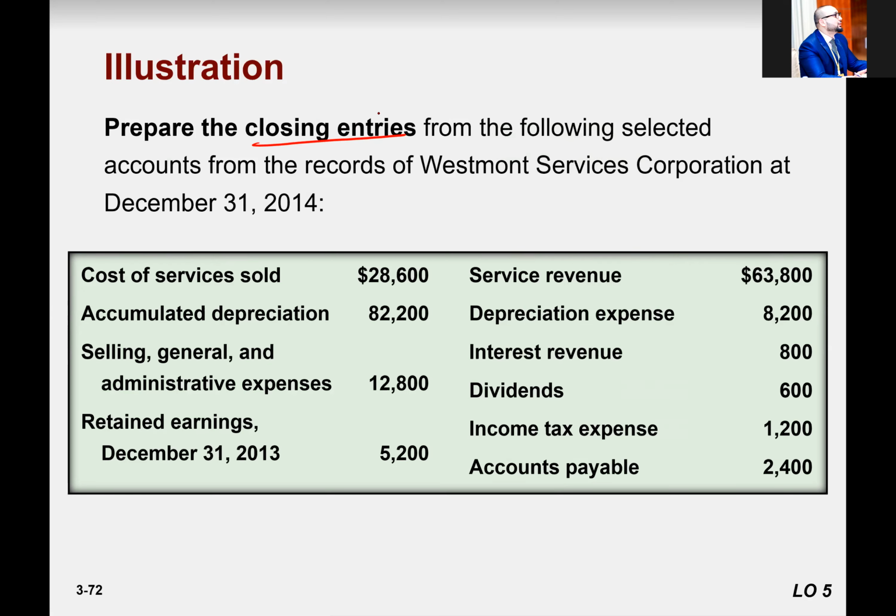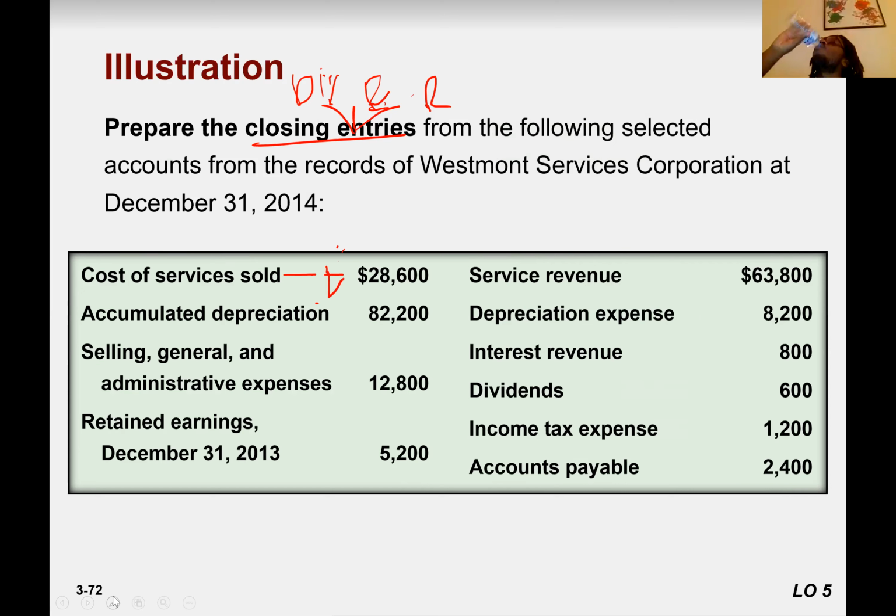Remember that it belongs to 3 types of account: revenue, expense, dividend, right? Okay, cost of goods sold. Is it a part of expense, revenue, or dividend? Expense. Well done. I'm calling it expense, right? Good.